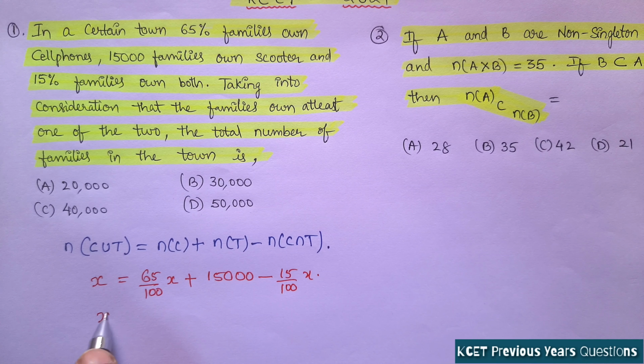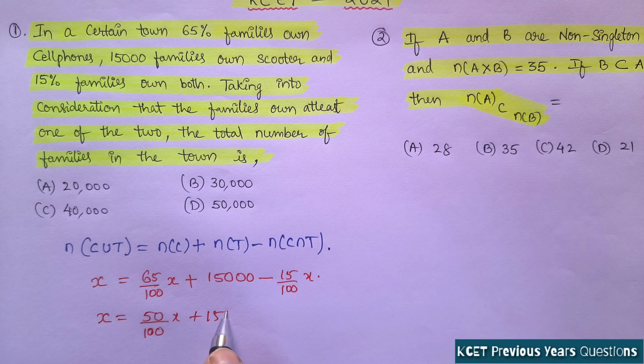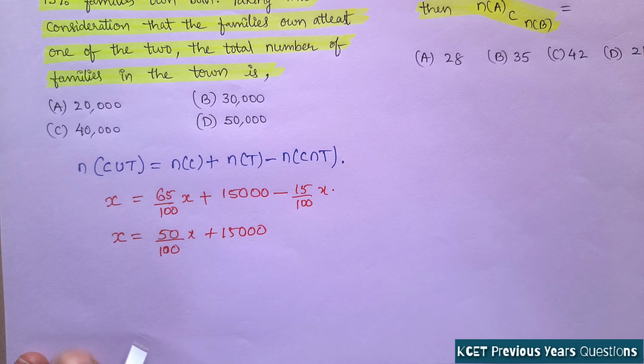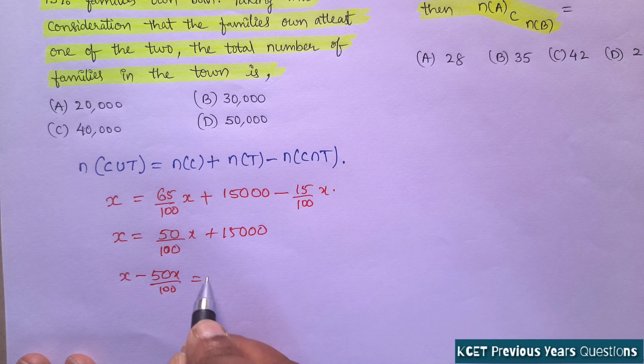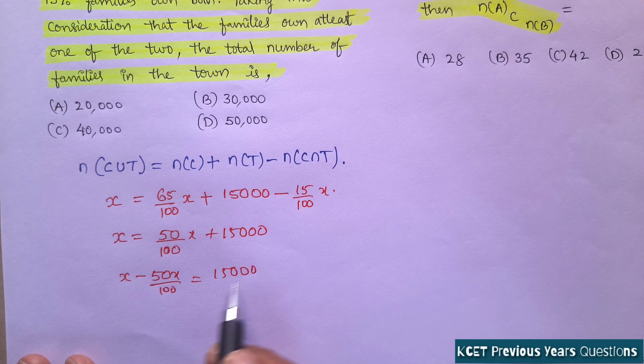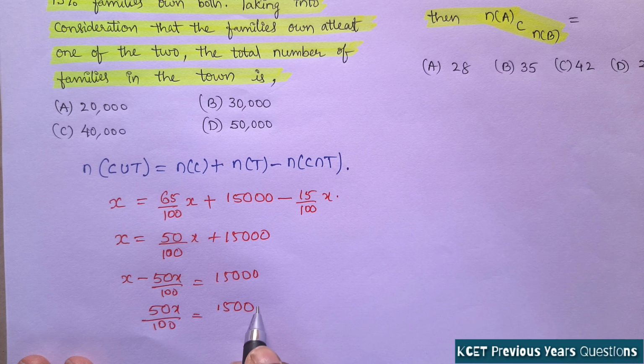So for that purpose, x is equal to 65 by 100 into x plus 15,000 minus 15 by 100 into x. If I send this to the left hand side, x minus 50x by 100 is equal to 15,000. Taking LCM, 100x minus 50x comes. So 50x by 100 is equal to 15,000.